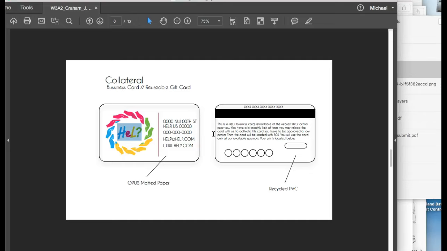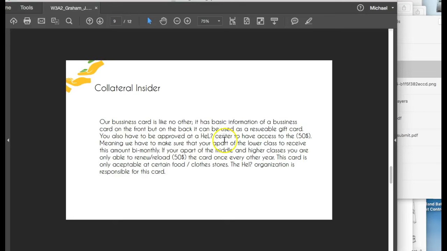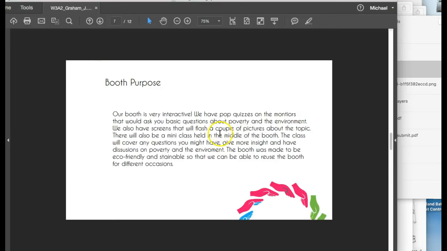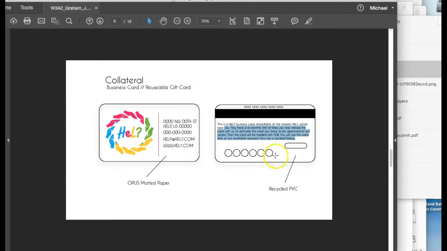Can we just have these collateral giveaway cards, or I'm sorry, these business cards where you have your information on them, and then instead of being part of this whole thing, you know, different social classes, and I want to address that in a second. Wouldn't it be better if we could just take this card and give it out and have people take it themselves, and they're responsible to put $50 on it, and then they can distribute it accordingly.